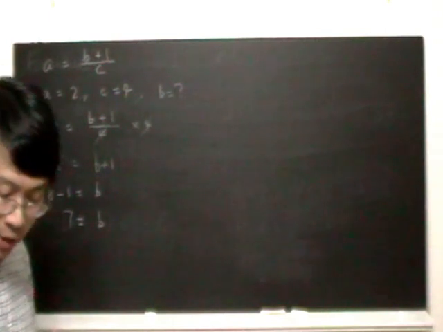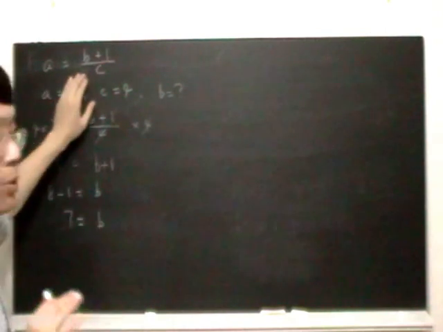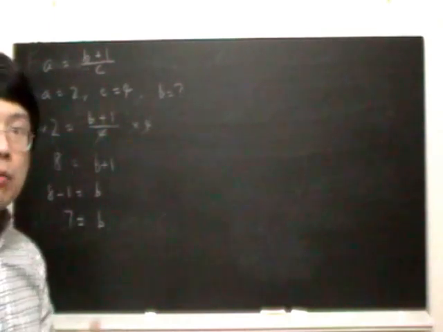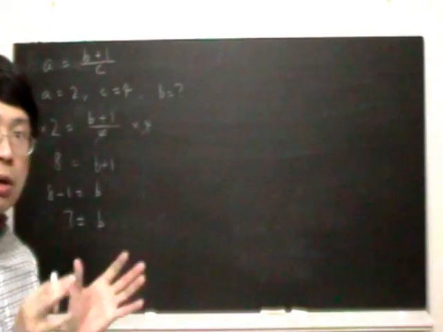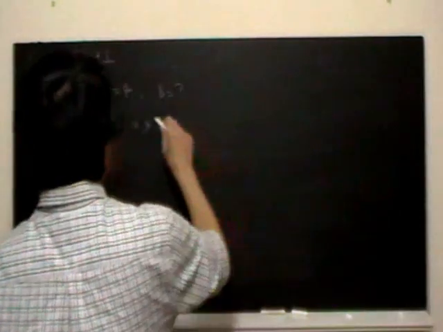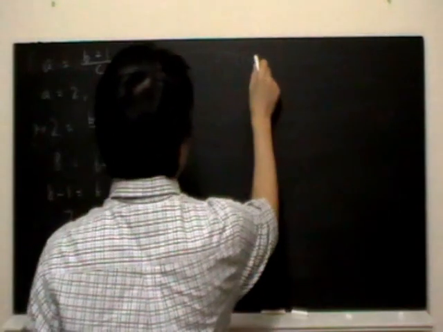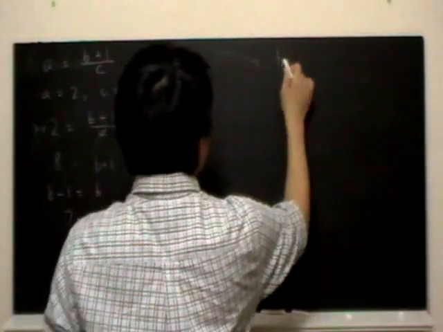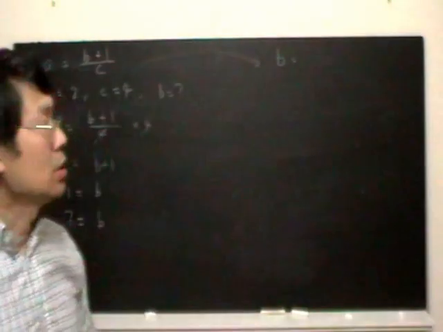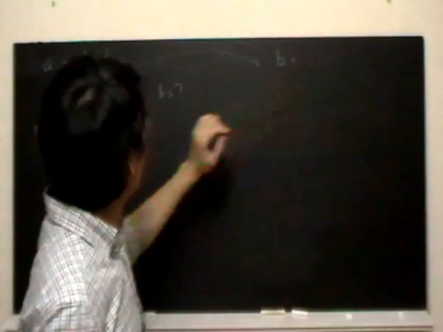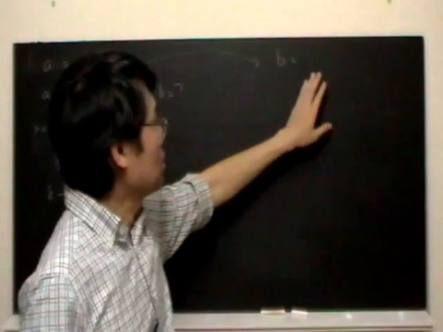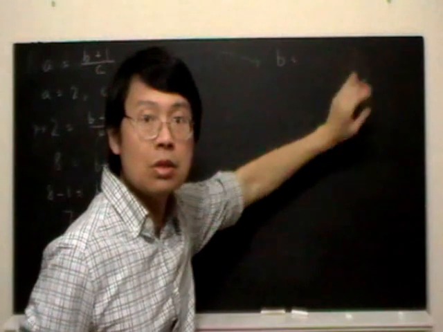The way is to rearrange the formula so that we have just B on one side of the equation. That means we can rearrange this so that we have B is equal to something, just B on one side and the other symbols A and C and others on the other side.